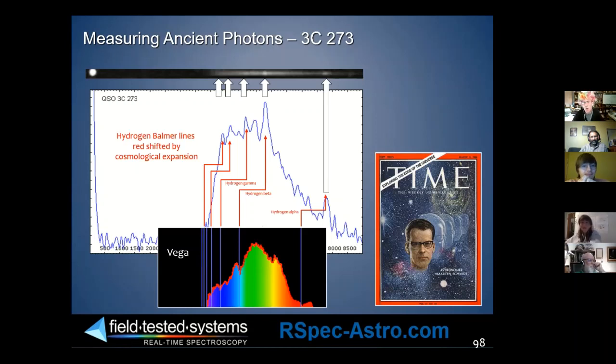And the only way they could have been shifted is if this was really a distant, distant object, about 2 billion light years away. And in order to be visible from that distance, it had to be incredibly bright. And that was the discovery, that there were enormously bright objects that existed that we could see.